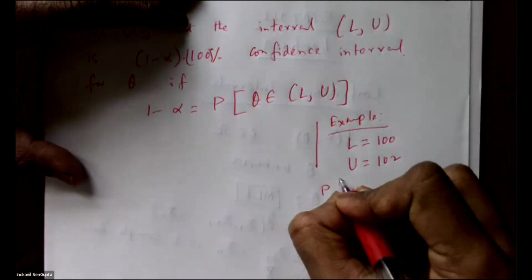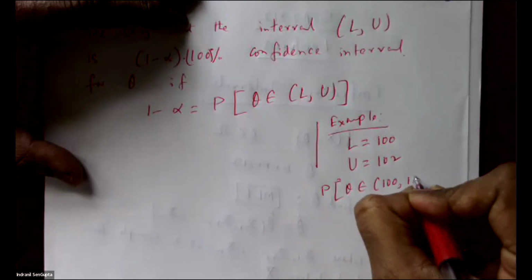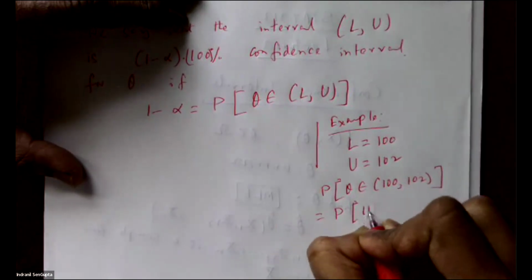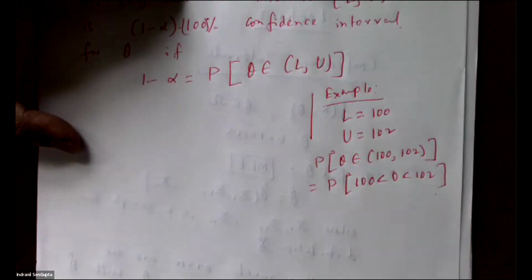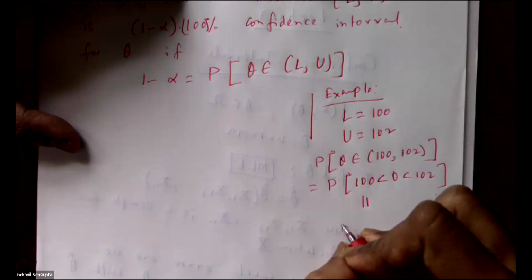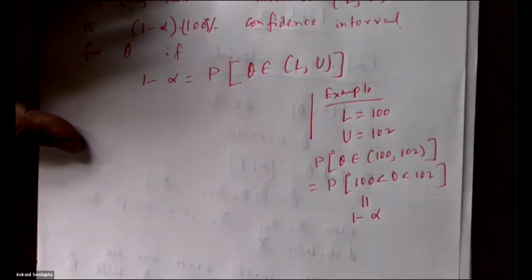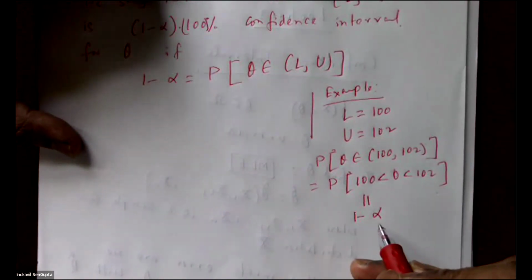Now, the probability that theta is in the interval of 100 to 102. Another way of writing this is probability of 100 less than theta less than 102. Whatever that probability is, we'll call this equal to 1 minus alpha. And this is called the 1 minus alpha confidence interval.